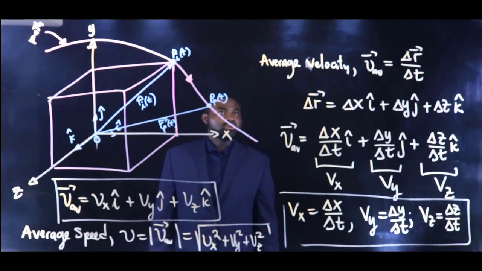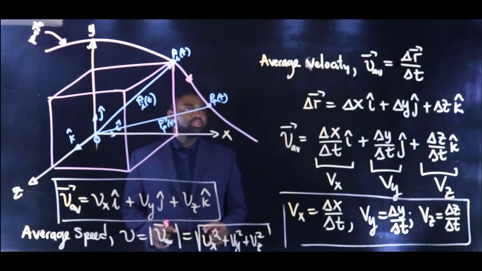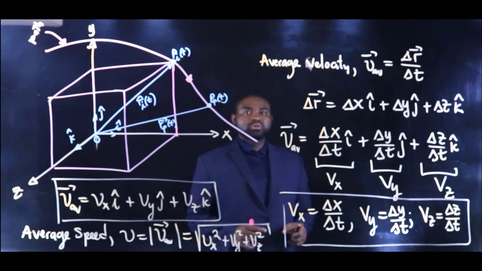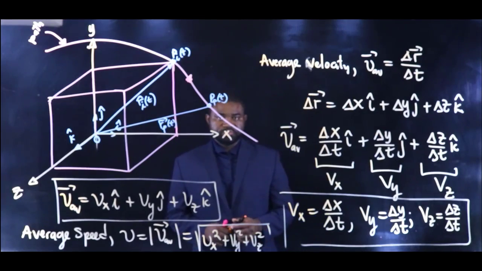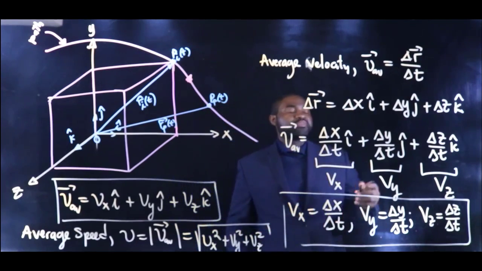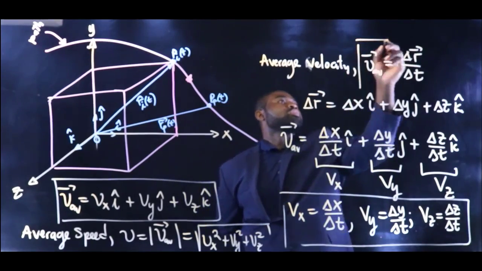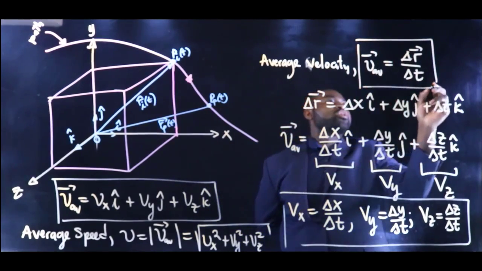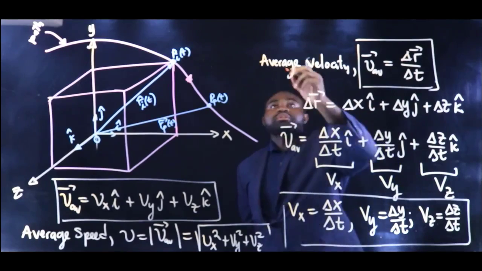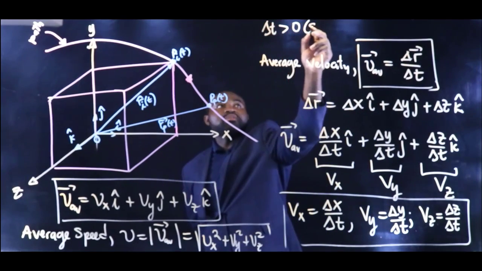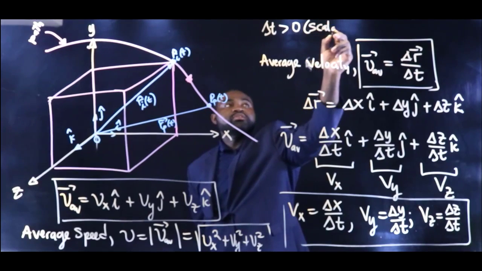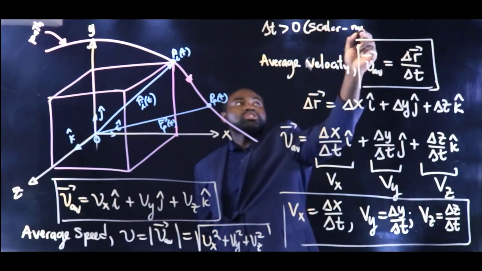Now, because average velocity is a vector, how do we define the direction of average velocity? If you look at this definition, you will notice that delta t is always greater than 0 and by itself is a scalar. By this I mean it's just a number.